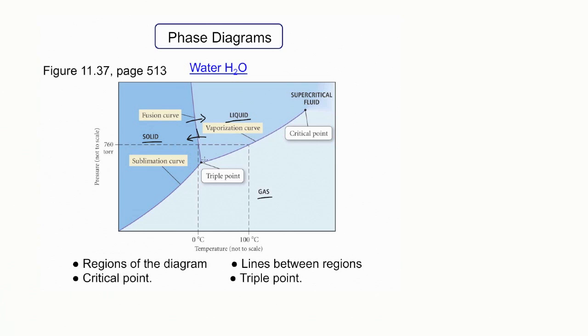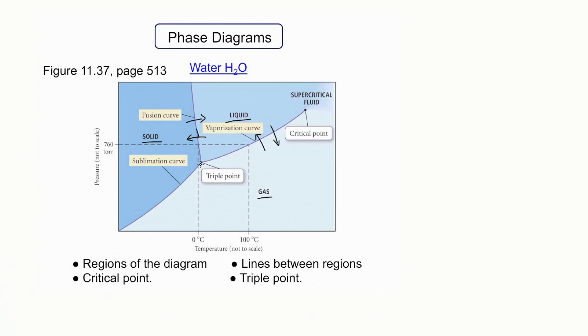Now the second line is between the liquid phase and gas phase. Again, it represents the equilibrium between the liquid phase and gas phase. If you cross this line by going from liquid phase to gas phase, then the name of the phase change would be evaporation. And if you go the opposite way, the name of the phase change would be condensation.